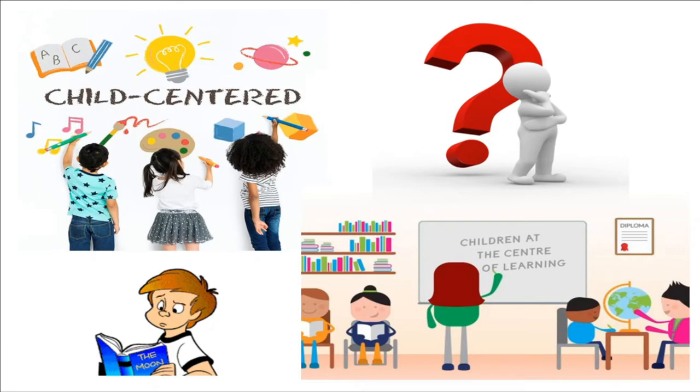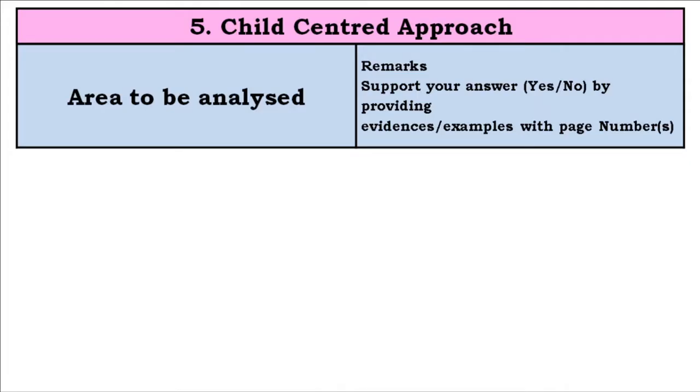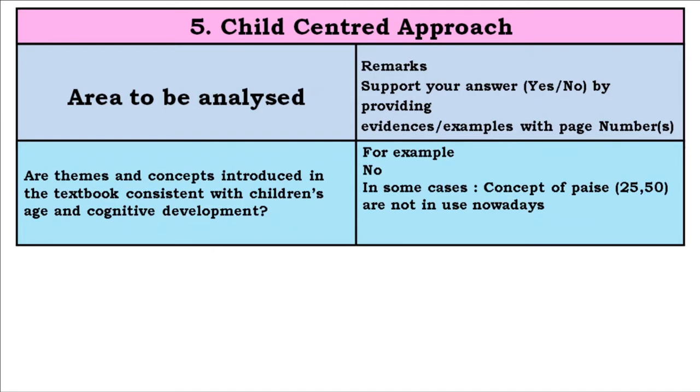So, in the fifth component, we will discuss the child-centered approach. The following are the important areas which need to be analyzed in the child-centered approach: Are themes and concepts introduced in the textbook consistent with children's age and cognitive development?